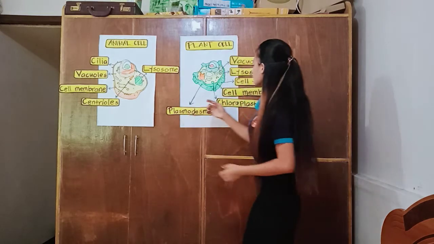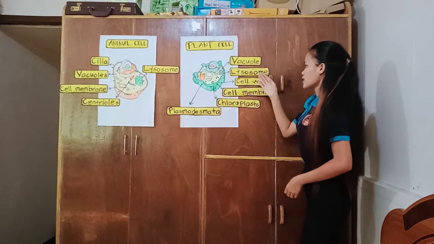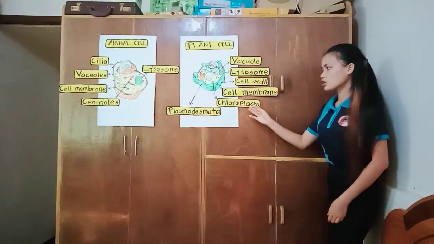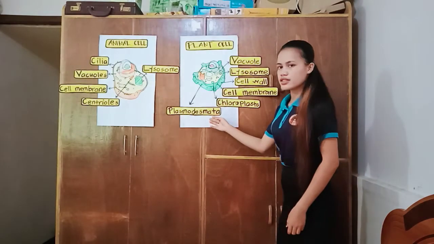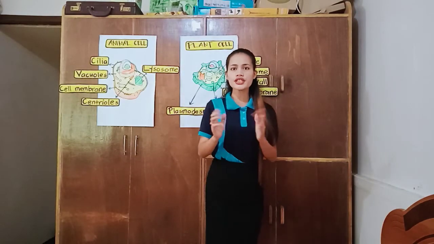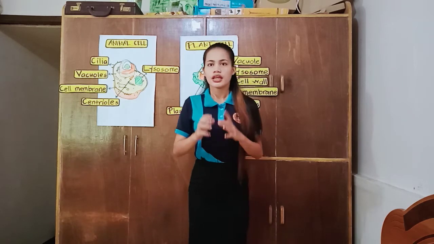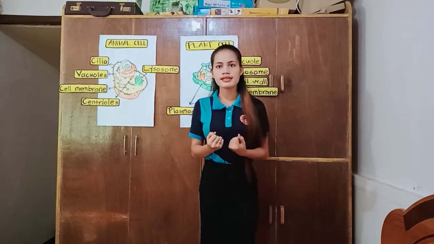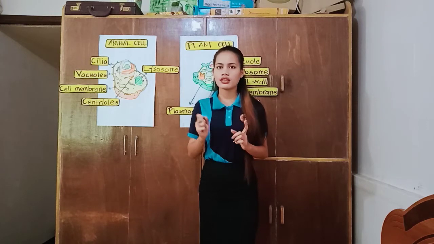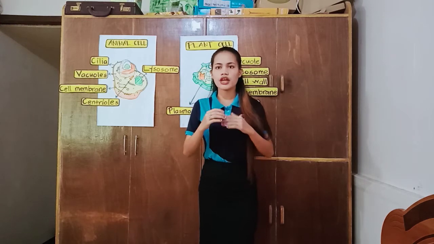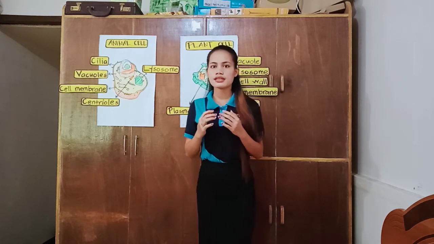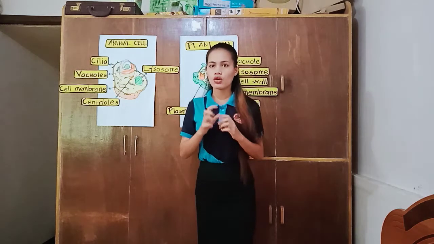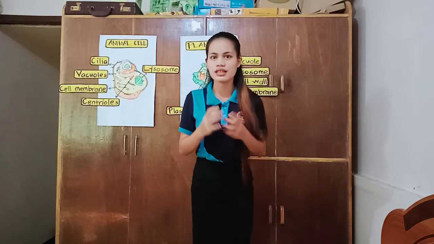It has vacuole, lysosome, cell wall, cell membrane, chloroplast, and plasmodesmata. First is vacuole. In a plant cell, vacuoles help maintain water balance. Sometimes a single vacuole can take up most of the interior space of the plant cell. So the vacuole is the one that maintains the balance.